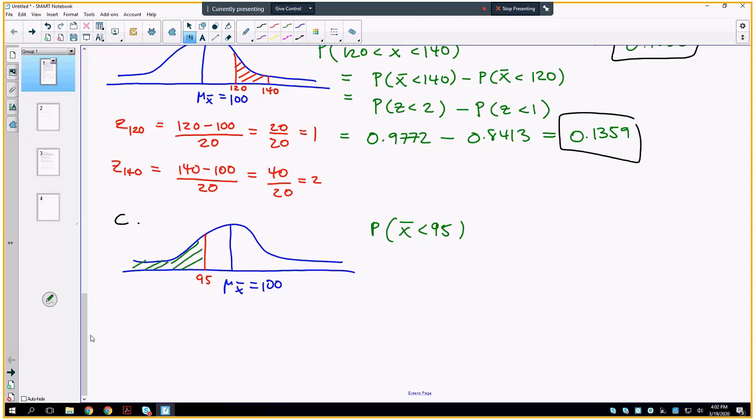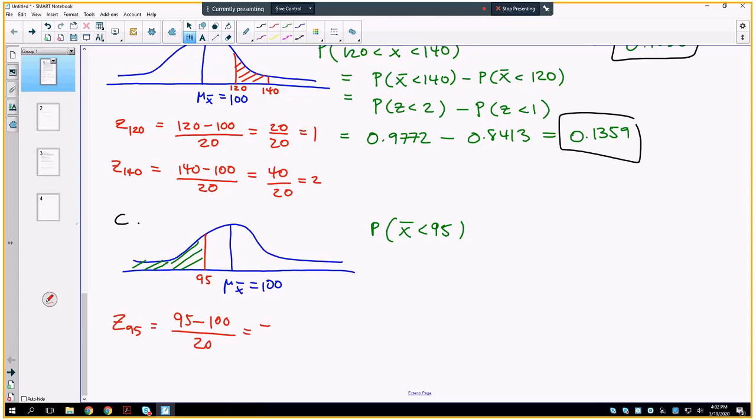So I need to find a z-score for 95 million. Same process: z sub 95 is equal to, I use 95 for x bar, then I subtract mu x bar, the mean of the sampling distribution, and I divide by sigma x bar, the standard deviation of the sampling distribution.